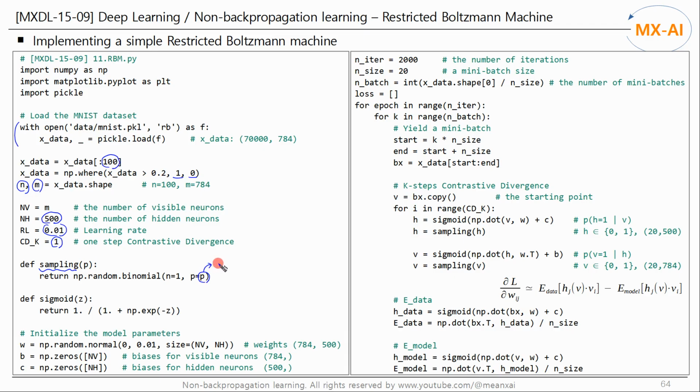If p is [0.9, 0.2], then the probability of h1 being 1 given v is 0.9. And the probability of h2 being 1 given v is 0.2. Then h is likely to be 1, 0.